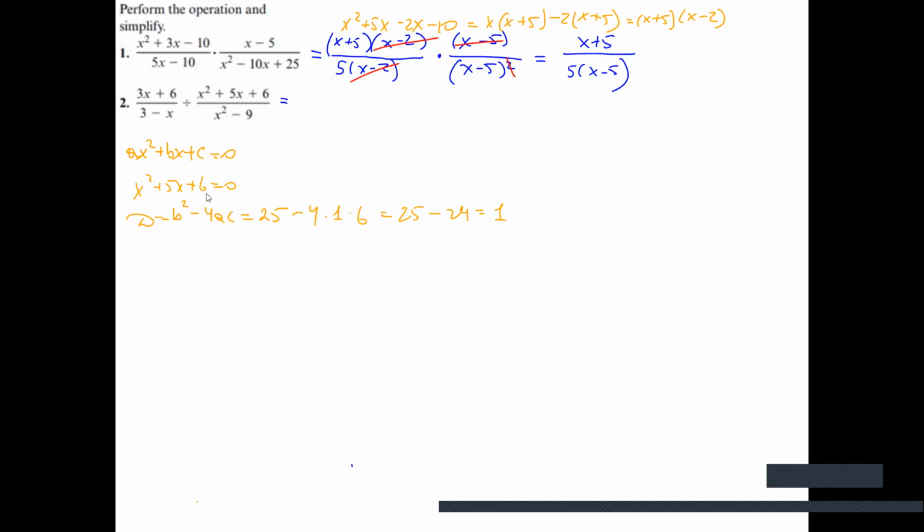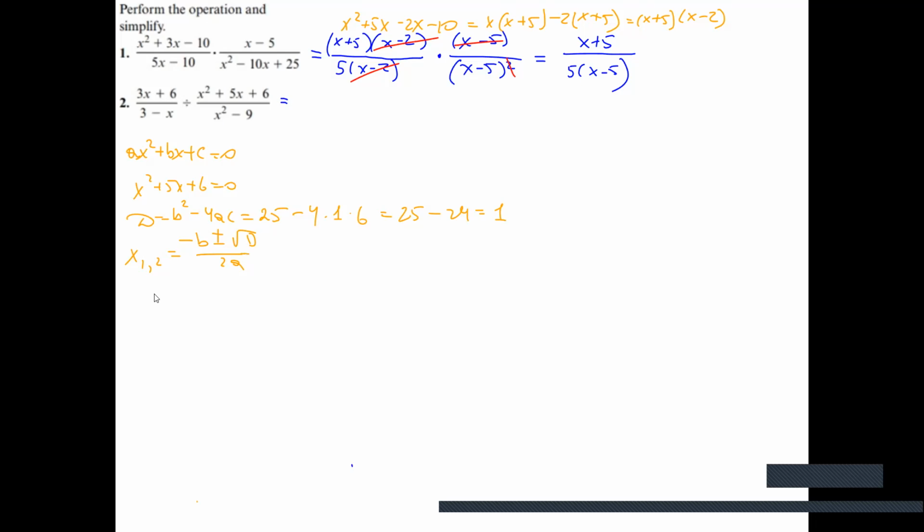Kasra, do you know this method? Then x1,2 is minus b plus minus square root of d over 2a. That's the second step.